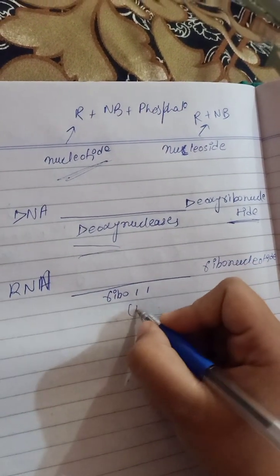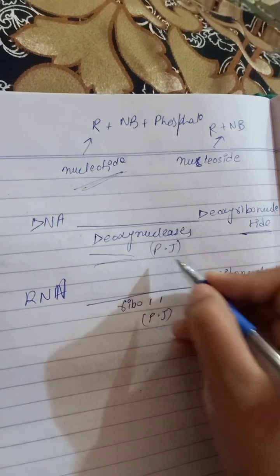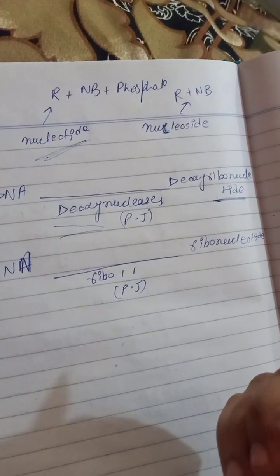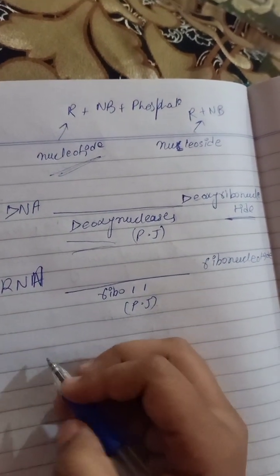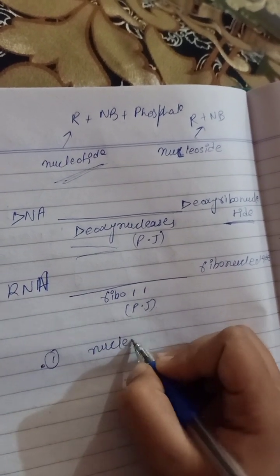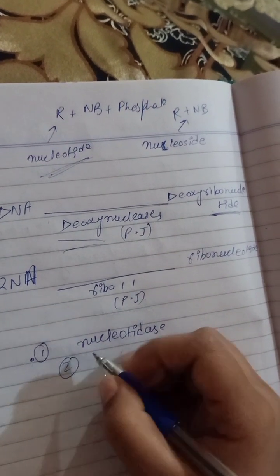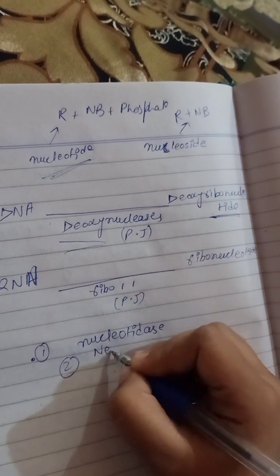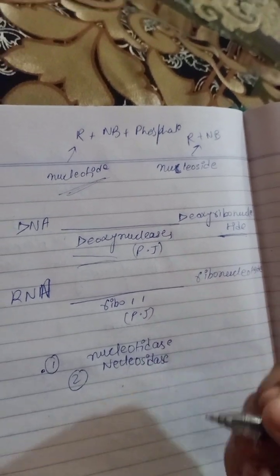This is present in the pancreatic juice. Now if you're talking about the intestinal enzymes, number one we have nucleotidase, and second we have nucleosidase.